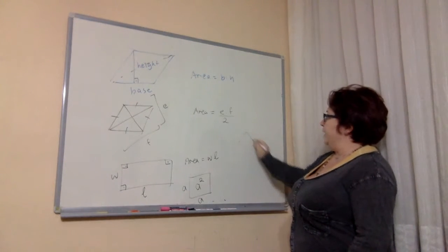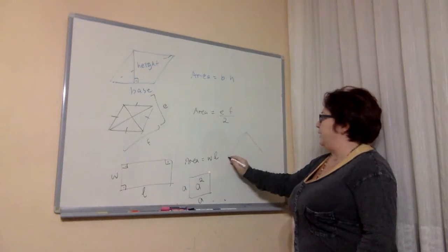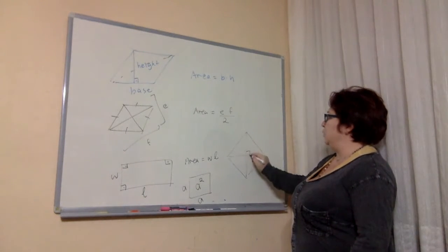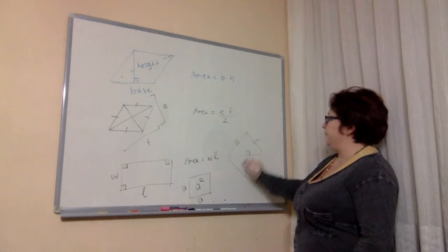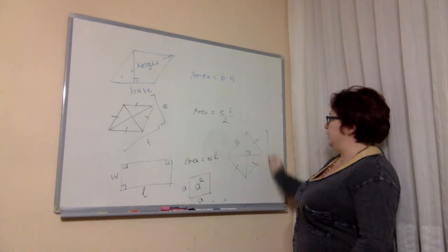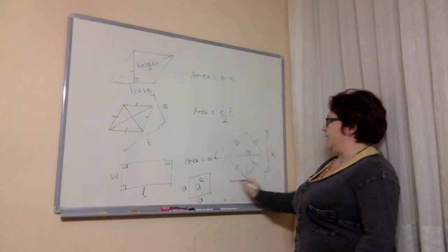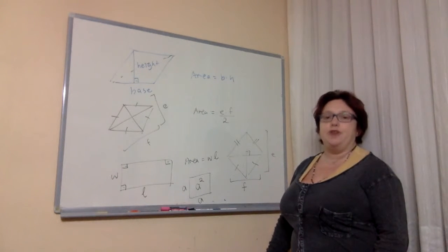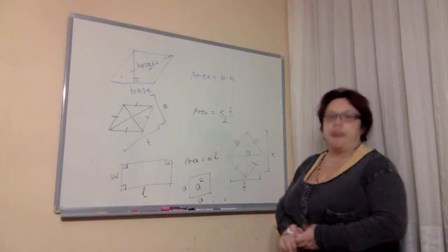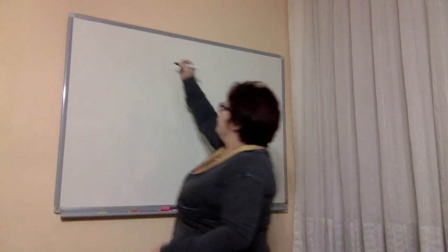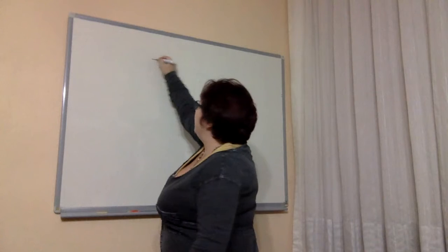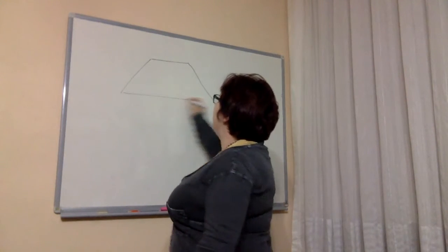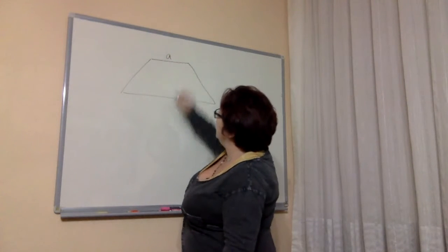And for the kite, because the kite is also a quadrilateral with perpendicular diagonals, you can simply take E times F over 2, where E and F refer to diagonal lengths. For a trapezoid, you might think of a trapezoid as making up half of a parallelogram.